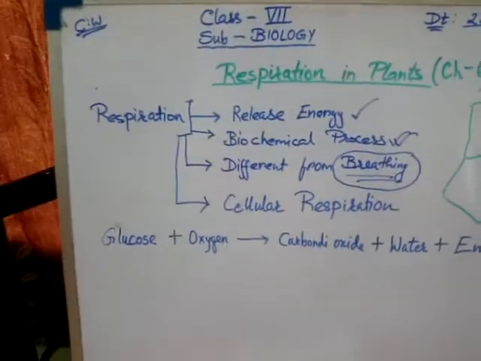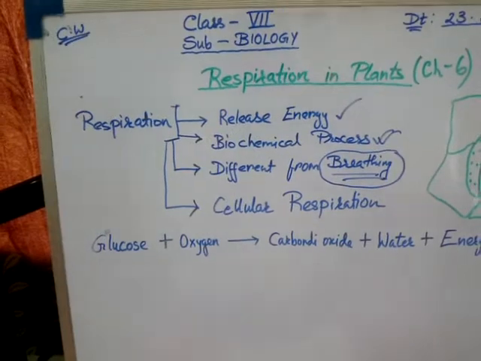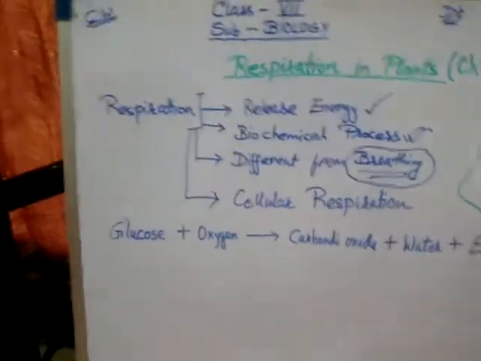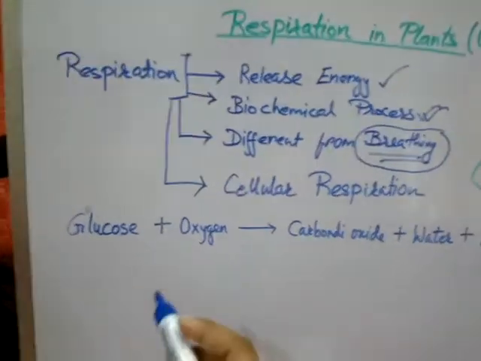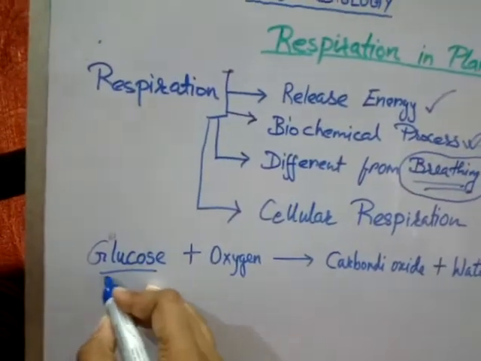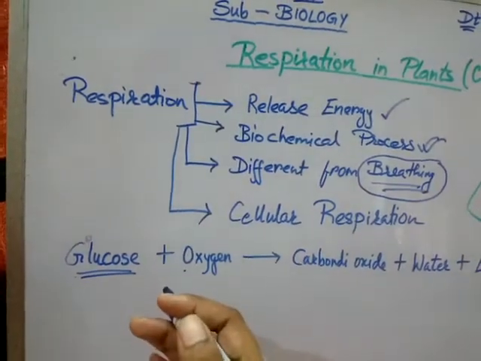In this process of respiration, children, you know, during photosynthesis, the glucose, the complex food substance that is produced, this glucose is oxidized with the oxygen taken up by the plant.